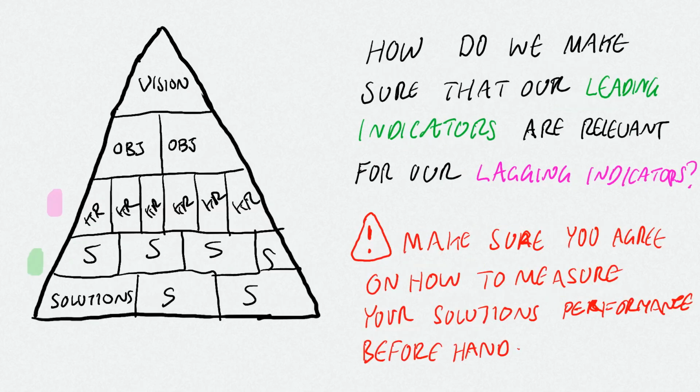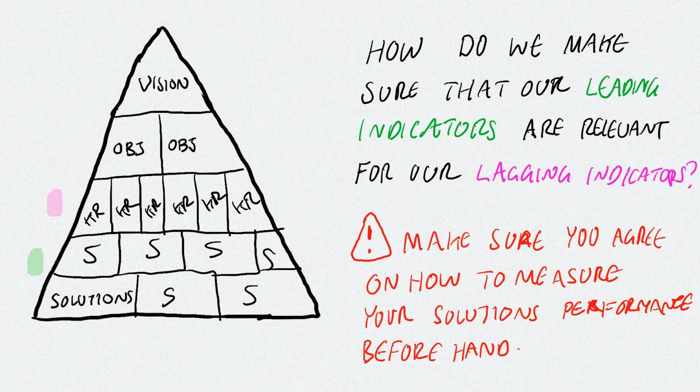So then, how do we make sure that our leading indicators are relevant for our lagging indicators? The last rule of thumb here sounds simple, but actually it gets overlooked way too often. This is to make sure that you agree on how to measure your solution's performance beforehand. We know that we want to improve our OKRs, and we have some strong signals which tell us that we can do it with a certain type of solution. Great. So what are the solution level measurement criteria which matter?